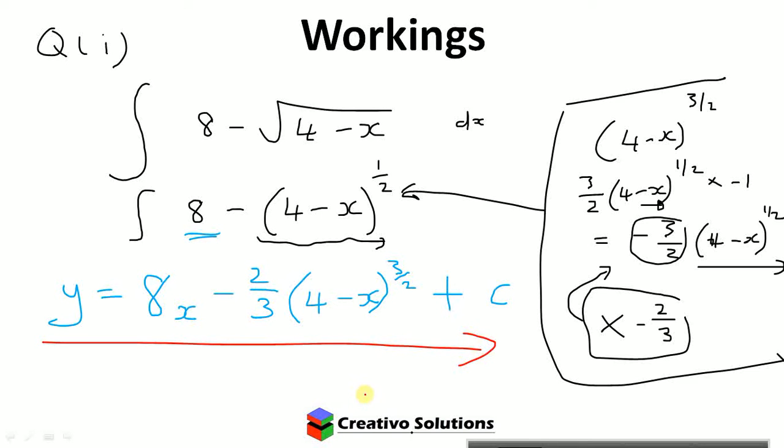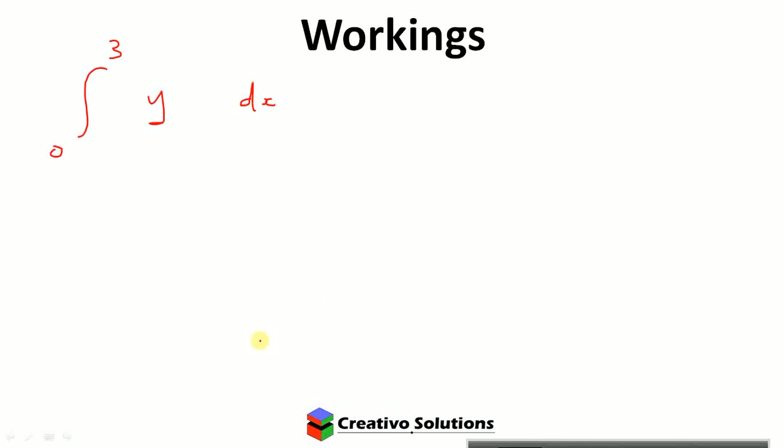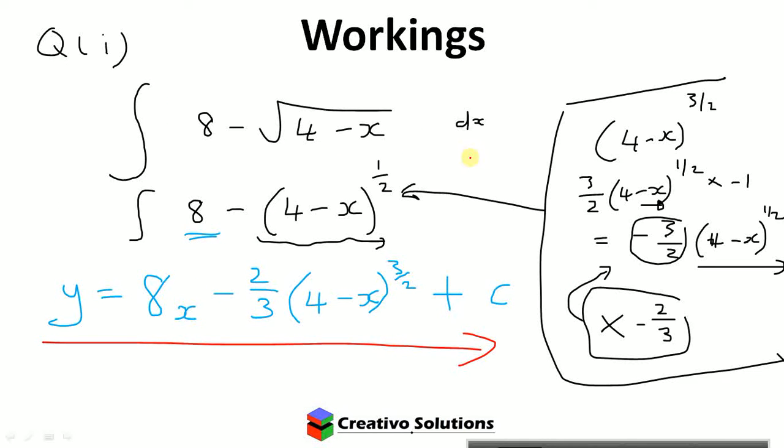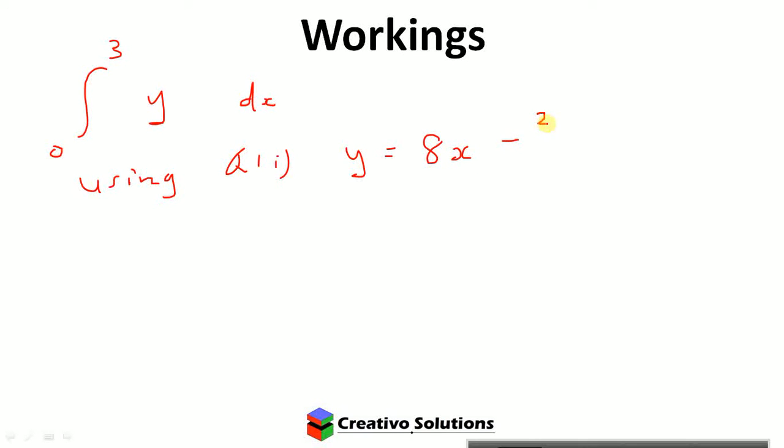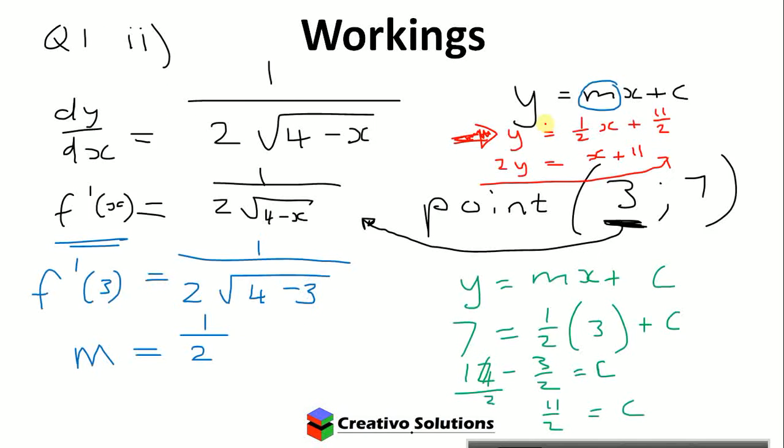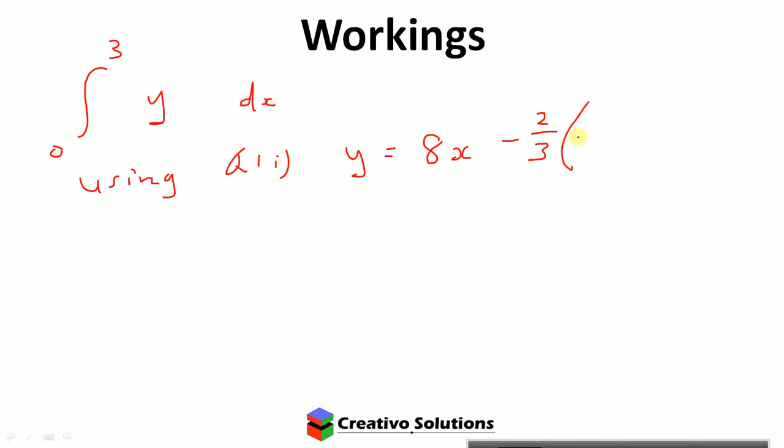There's my integration formula. So using question 1.1, y equals, let's write it down, 8x minus 3 over 2 over 3 actually, bracket 4 minus x to the 3 over 2 plus c.